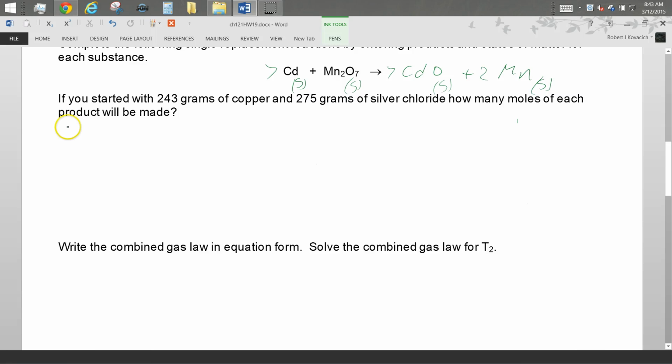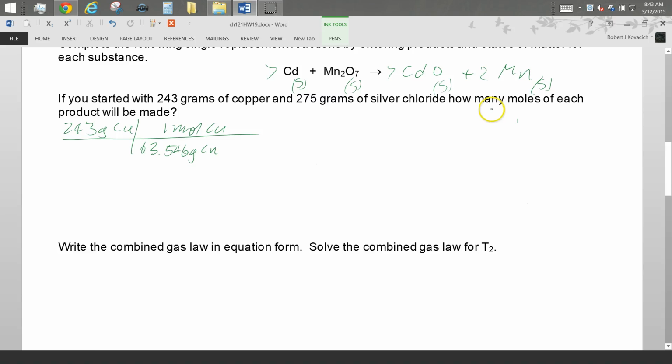So 243 grams of copper, 63.546 grams of copper, 1 mole of copper. Oh, and I got to do something first.